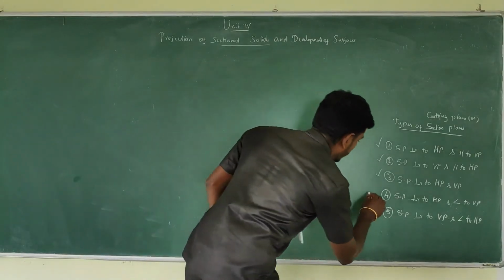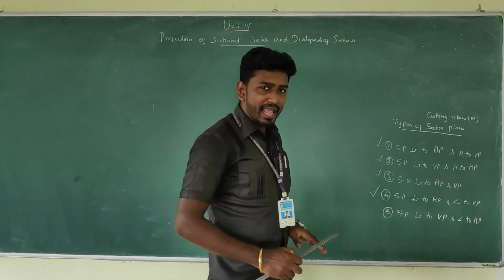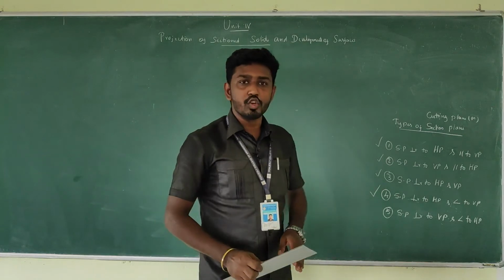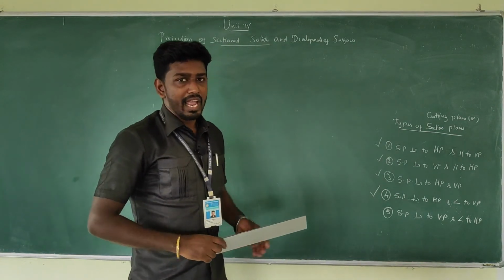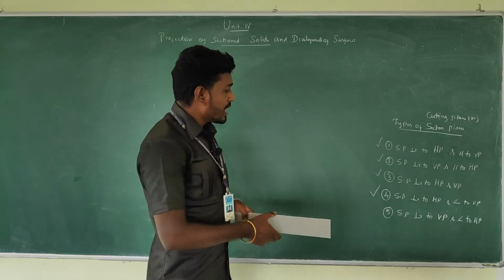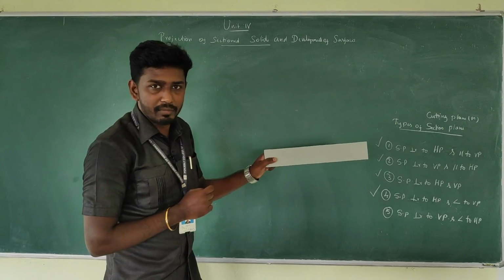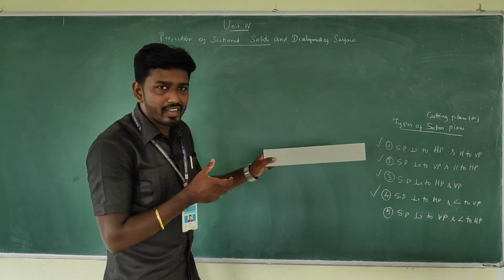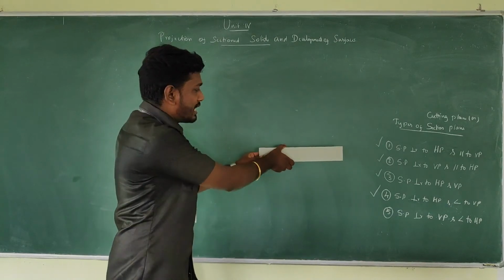And then we shall move to the fourth one, the section plane or cutting plane perpendicular to HP and inclined to VP. If the cutting plane is perpendicular to HP, I shall keep the object something like this and keep my cutting plane something like this. When it is not inclined to VP, the cutting plane is parallel to VP. Am I right?